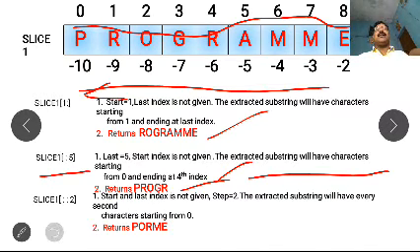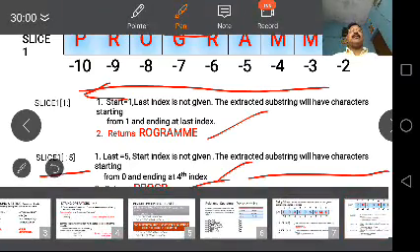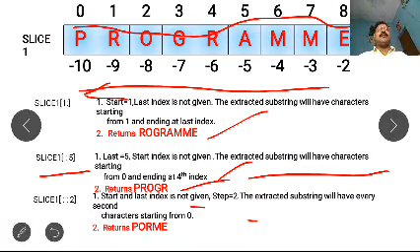Okay, now see another example. We have no start and no last index given, only step 2. Neither the start nor the end has been given, but the step has been given, so the extracted substring will have every second character starting from 0.